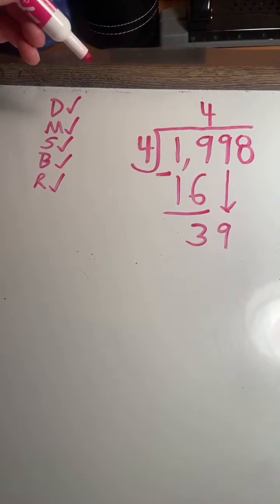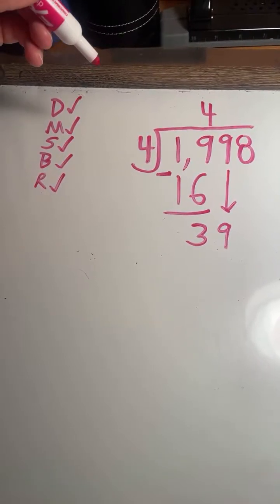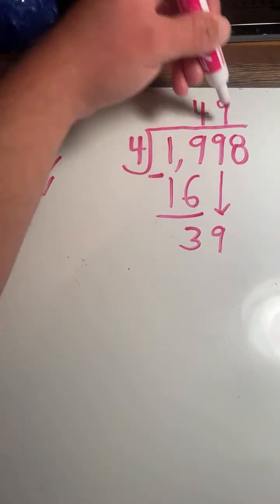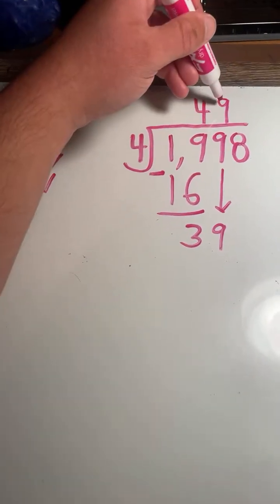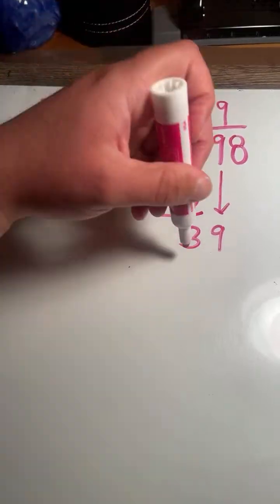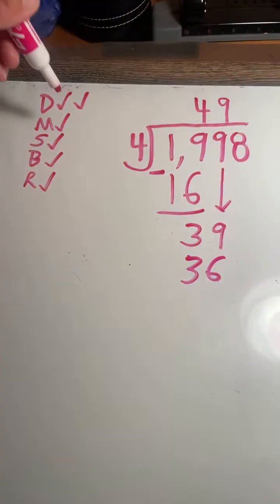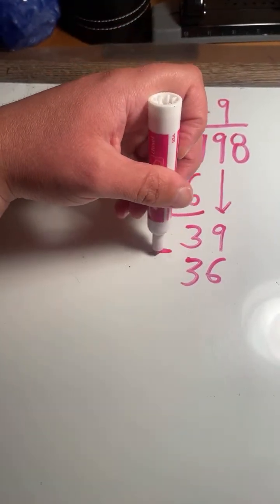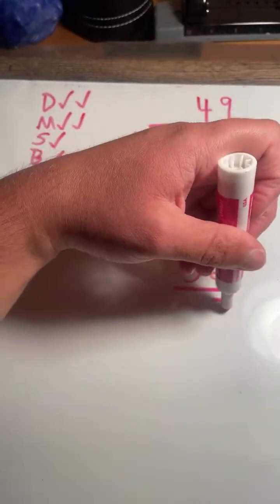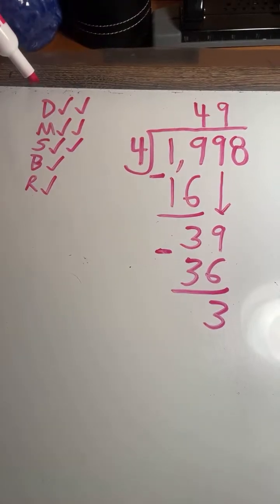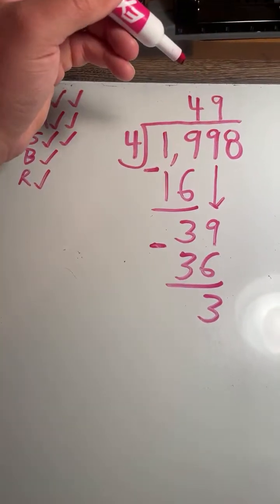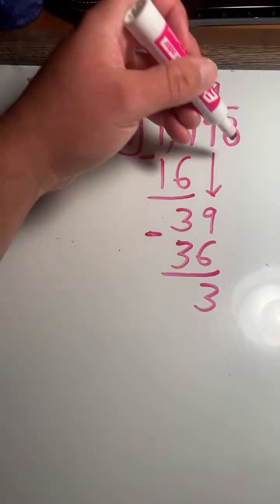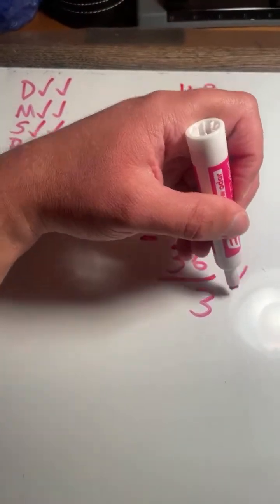39 divided by 4 equals 9. 9 times 4 equals 36. 39 minus 36 equals 3. Then we bring down the next number.